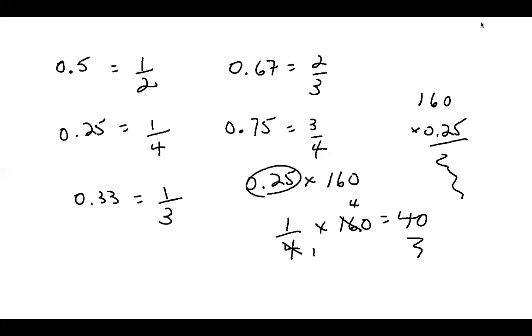So let's look at another example. Maybe we have 0.5 times 78 divided by 2. I don't want to do 0.5 times 78. I'm going to make that a half. So that's 78 times a half, and then we still have this 2 down here.